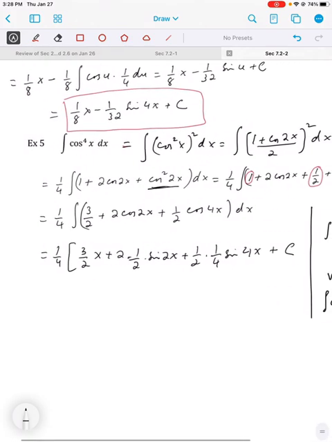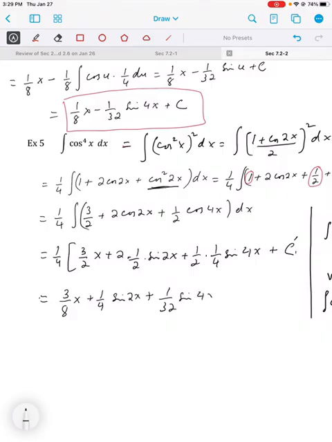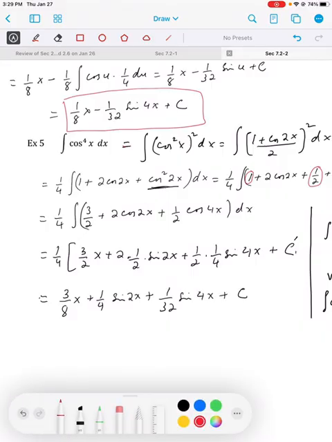Maybe we will call it c1 or c prime, because we have to multiply it by 1 over 4, so that will be our c. So we get 3/8 x plus 1/4 sine 2x plus 1 over 32 sine of 4x plus c. So that is our final answer.